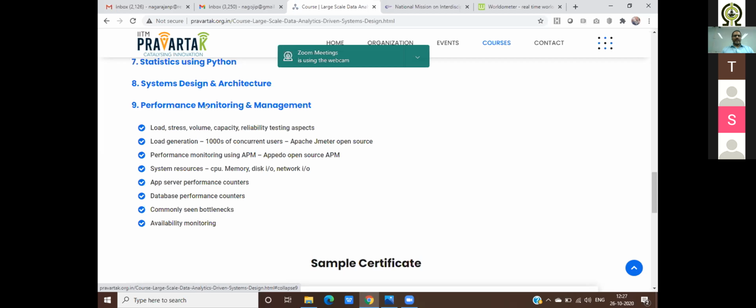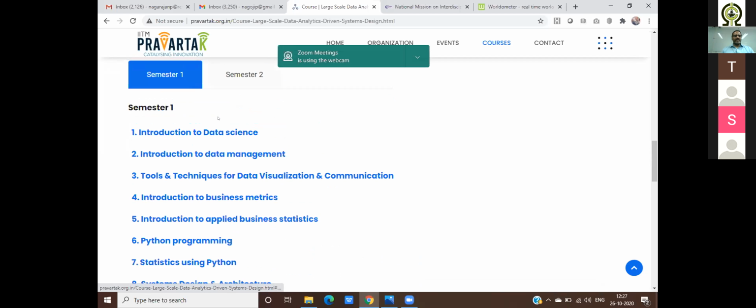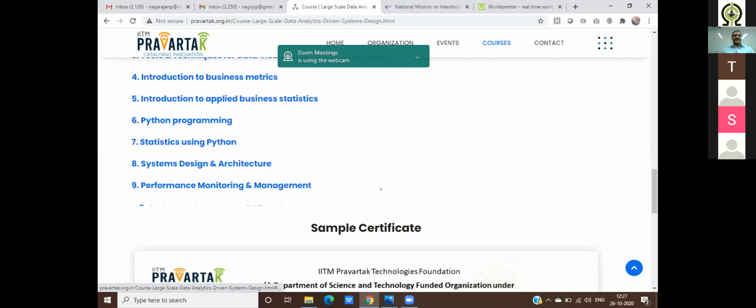It will not work on the runway. So what we need is a running plane and a flying plane in mid-air. So that is why we ensure the first semester covers the fundamental data part, the business analytics part, the business aspects of the data part, and then the performance and the design.